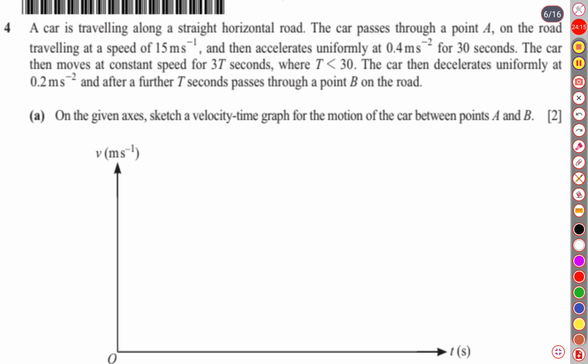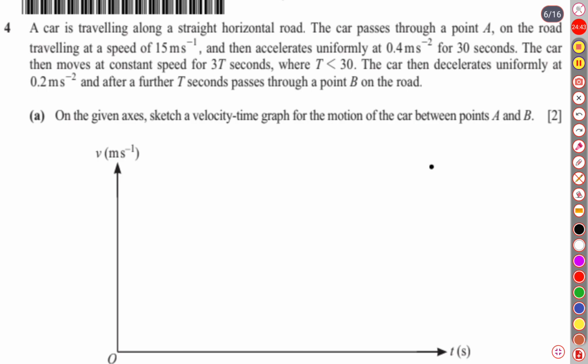Question number 4 says, a car is traveling along a straight horizontal road. The car passes through a point A on the road traveling at a speed of 15 meters per second and then accelerates uniformly at 0.4 meter per second square for 30 seconds. The car then moves at constant speed for 3t seconds, where t is less than 30 seconds.